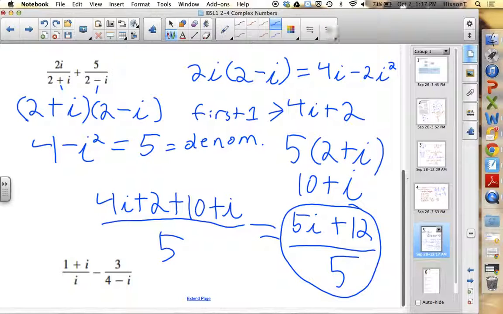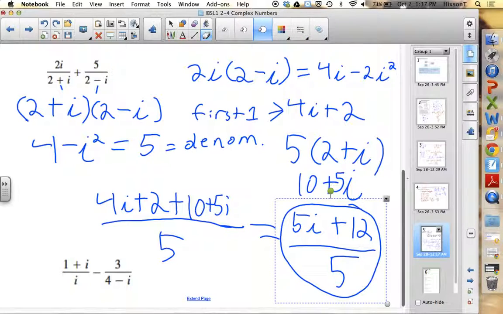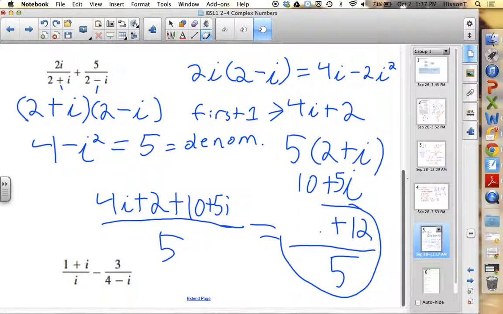Make sure you distribute the 5 to both parts. Same thing as you, so plus 5i, and that'll make that 10 plus 9i plus 2, divided by 5. Yeah, that would be 12 plus 9i. There we go. Alright, so there's our correct answer.